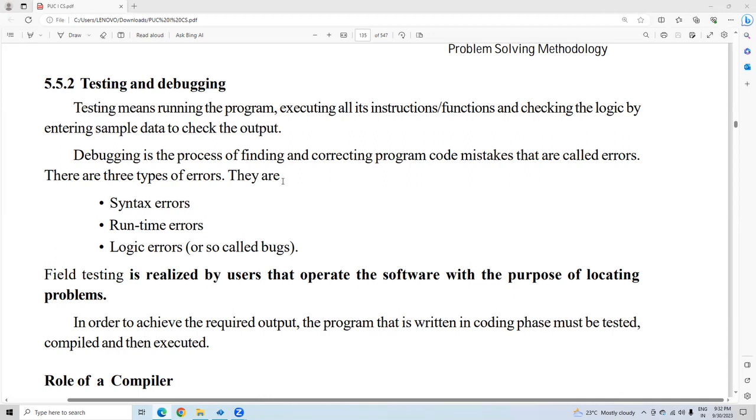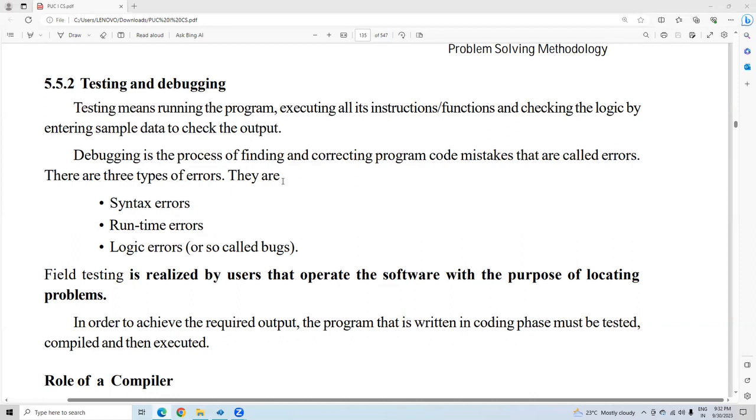See, once a software engineer or the team develops the program and gives it to the testing team, what will the testing team do? They'll execute the program, right? And they have to check whether the expected output will come or not, and whether any errors are there, by giving sample data.